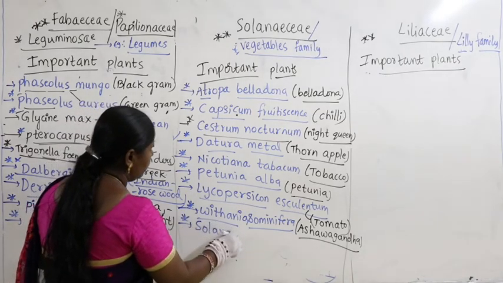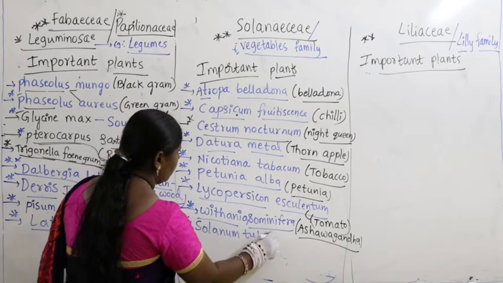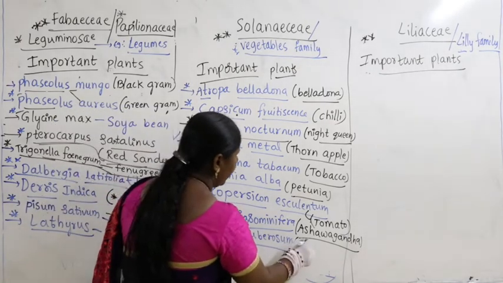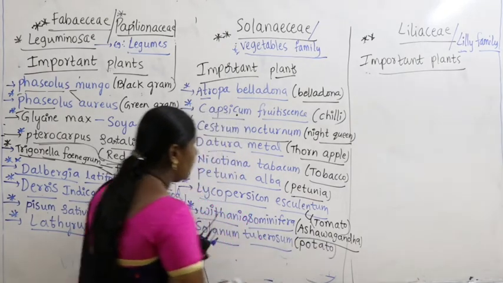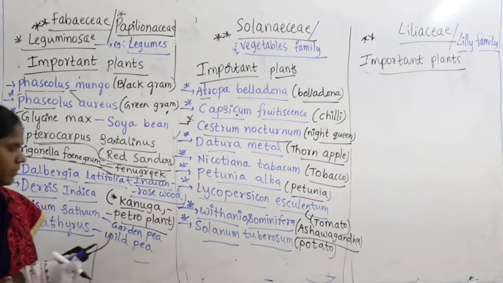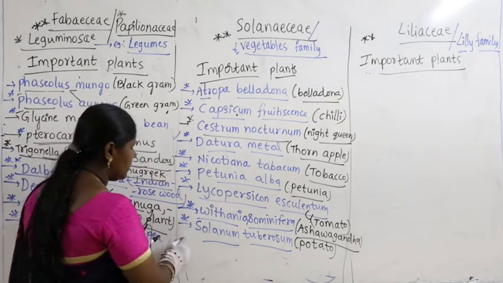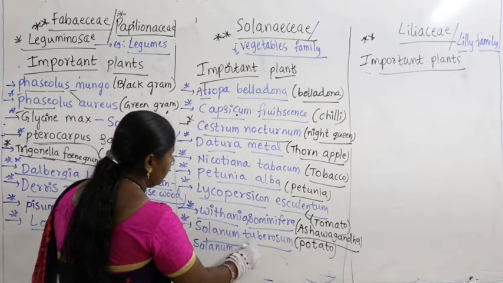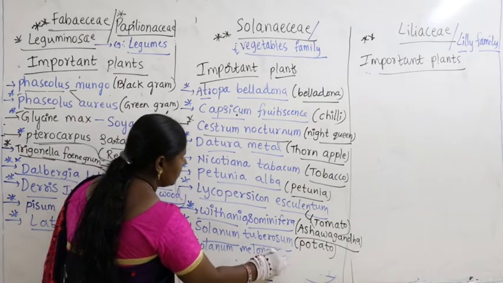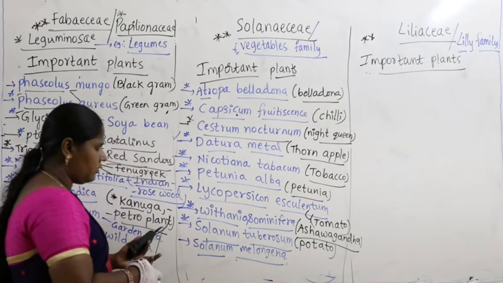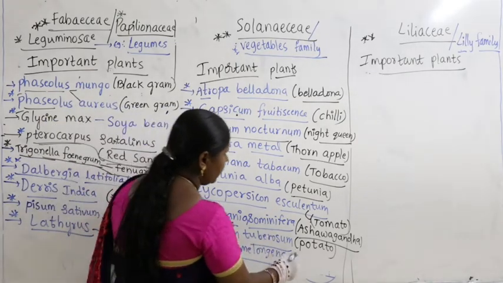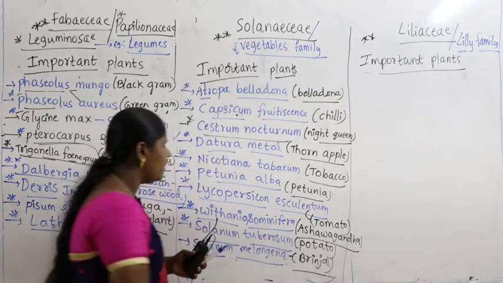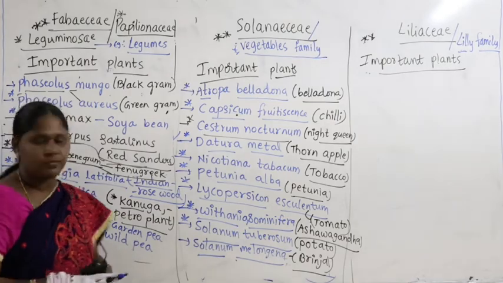Now apart from this, Solanum tuberosum. What is Solanum tuberosum? You all know it's nothing but potato. The genus is the same, the species is different. Now if you take Solanum melongena, that's nothing but brinjal, right?